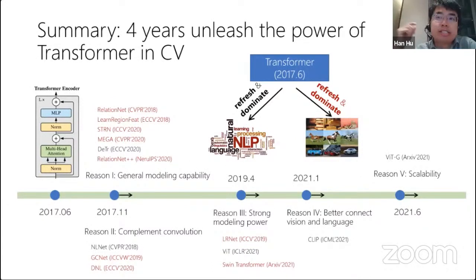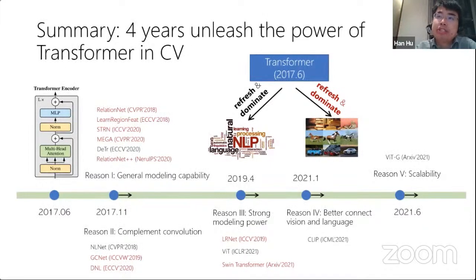Yeah, I think this is a very good proposal. Actually, I think a recent trend is studying transformer in convolution. What you mentioned, that the community wants to use transformer as a vision backbone, not only as a complement to convolution.